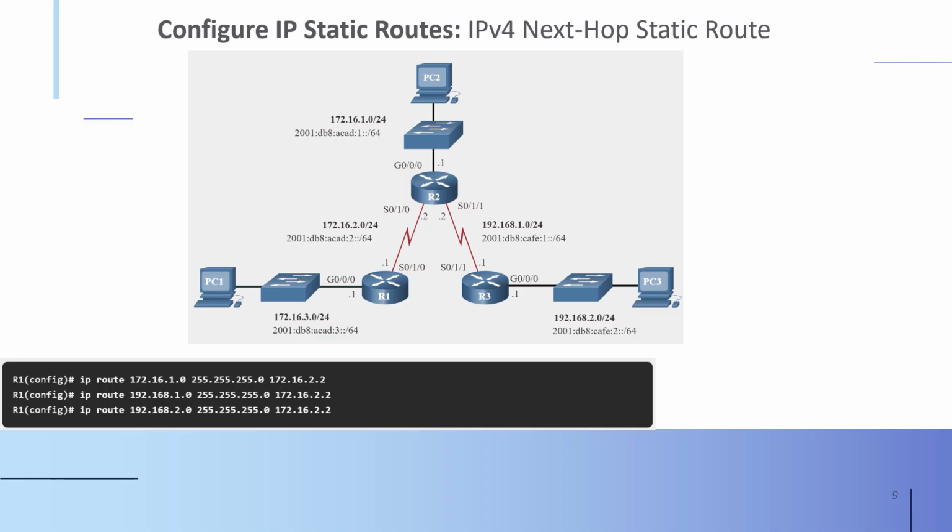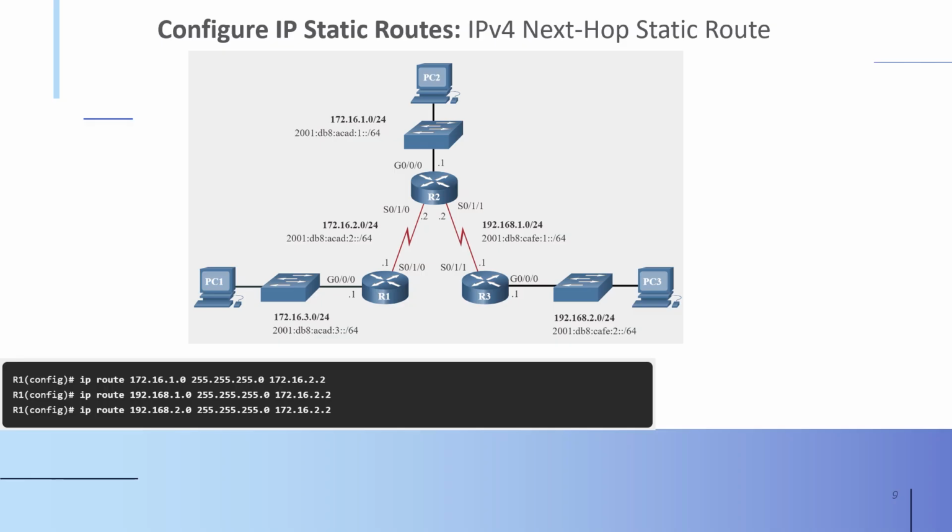Router 1, by using the IP route command, is able to reach 172.16.1.0 with the subnet mask 255.255.255.0, which is the network connected at router 1 through the interface Giga 0/0.